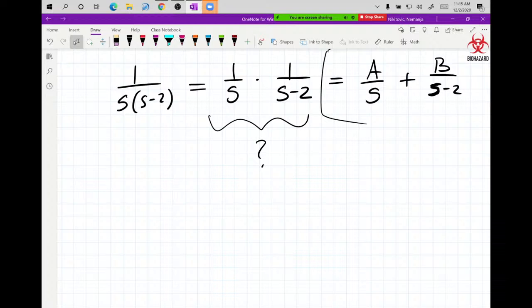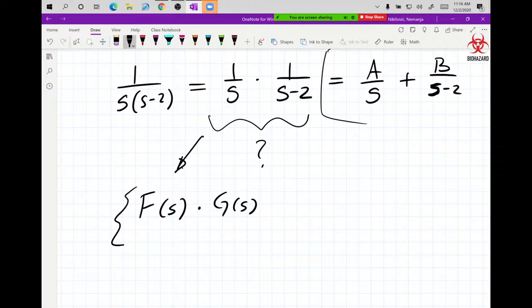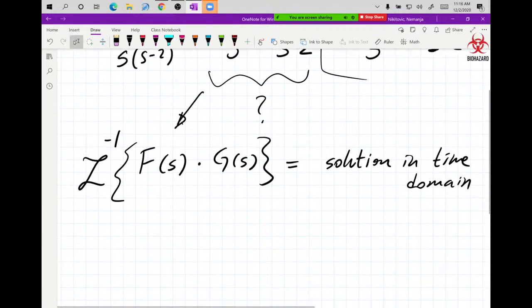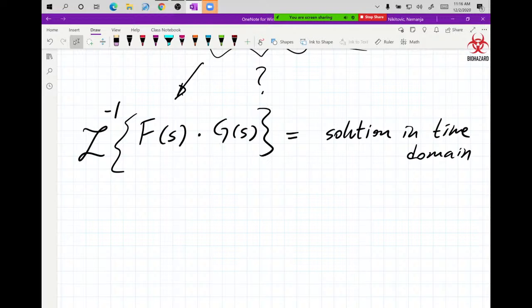So I can call this situation f of s times g of s, and I want to take the inverse Laplace of that to get whatever function is the solution in time domain, meaning you're going to get some function of t, multiple functions of t or whatever. So is there a way to deal with this?